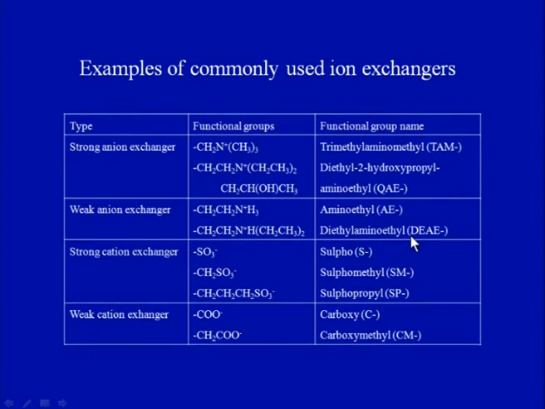Strong cation exchangers are sulfo groups, like sulfomethyl or sulfopropyl. Weak cation exchangers include carboxy or carboxymethyl groups. So, these are some examples, and there could be many more.